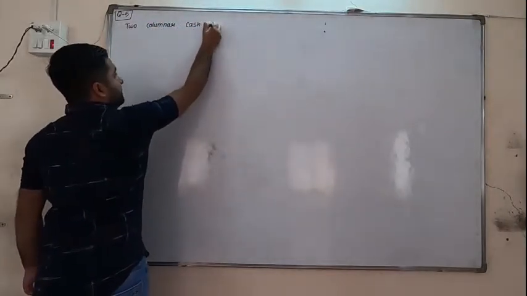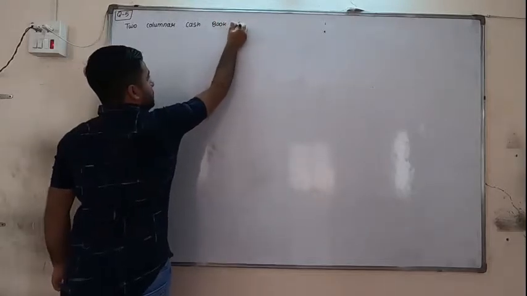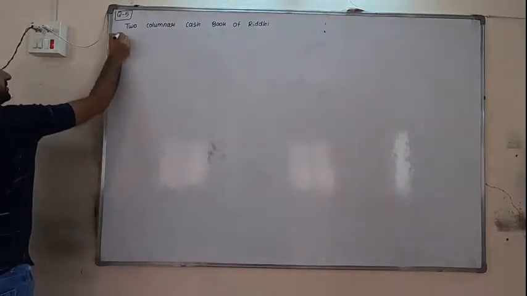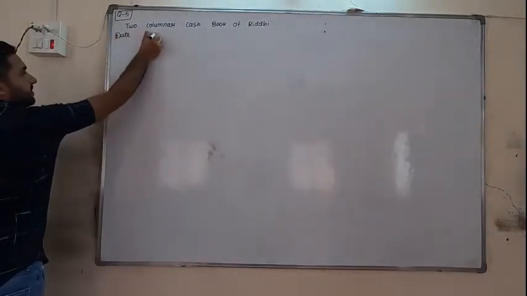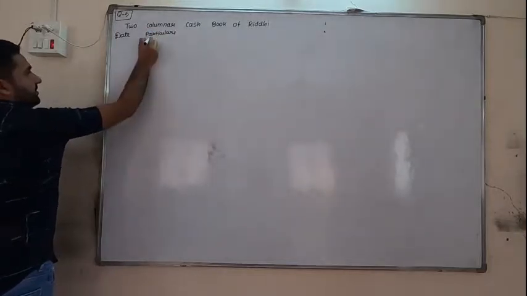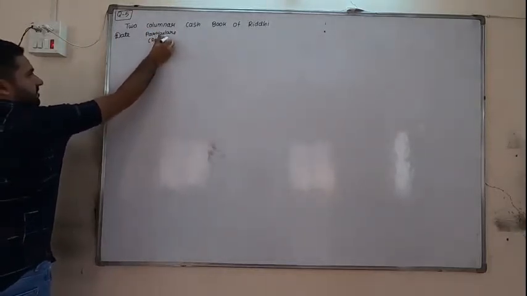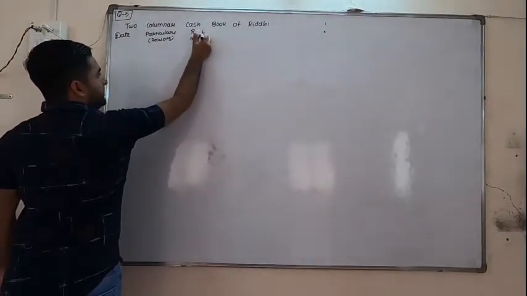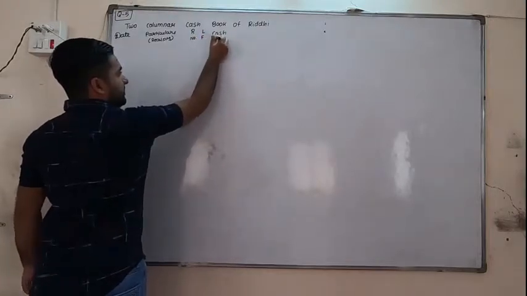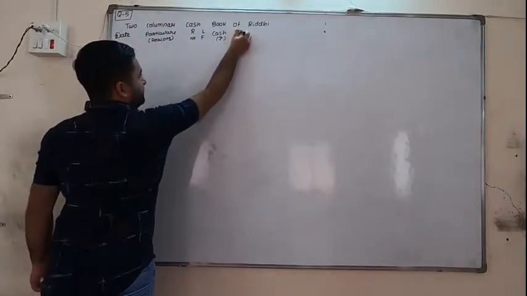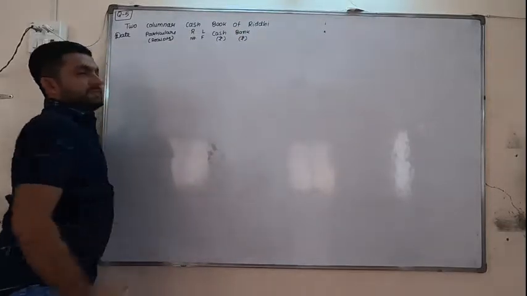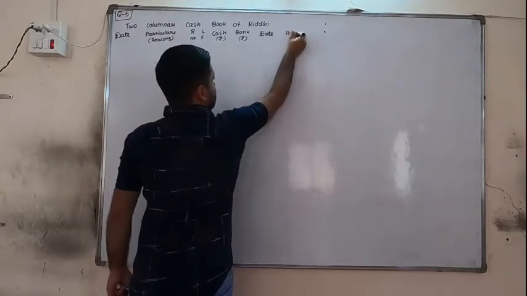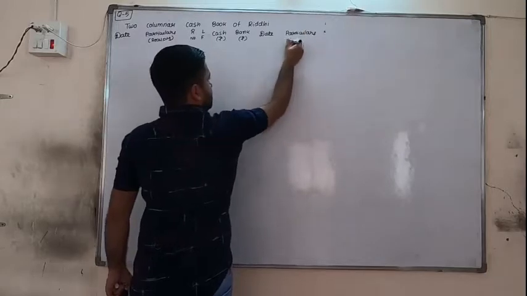Two columnar cash book of Rithi. Date, particulars. Particulars are receipts, then the receipt number, LF, cash rupees, bank rupees. Again on the credit side: date, particulars.